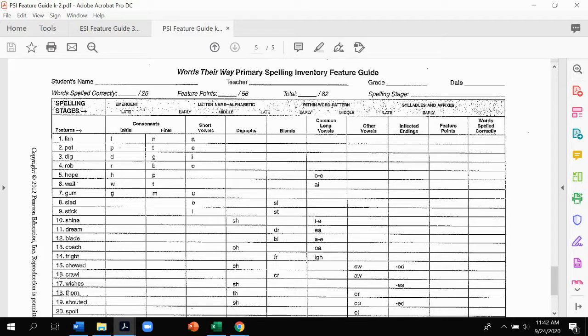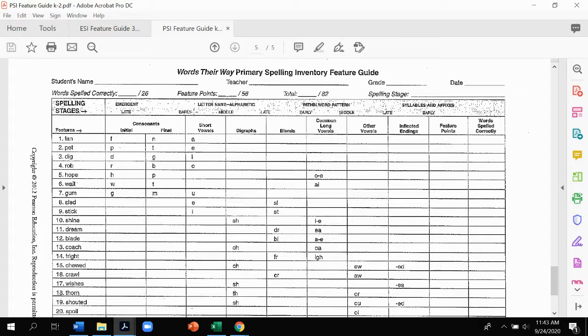So beyond emergent is the letter name alphabetic stage. The within word pattern stage follows that one. And then syllables and affixes follows the within word pattern. All of this is important to note in order to create your word study lesson. So let's say your student completed their spelling test, but you've identified that they're at the letter name alphabetic stage.